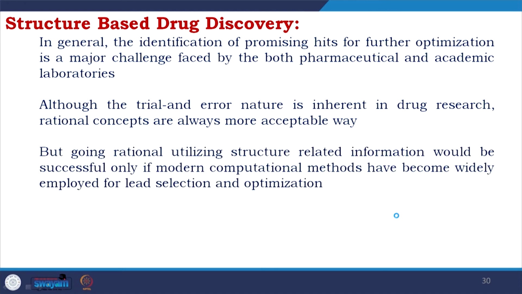But going rational, utilizing structure related information, would be successful only if modern computational methods have become widely employed for lead selection and optimization. So, you get a high resolution structure, but you have to use it to calculate by fitting with many, which needs the computation, the algorithms as well as the ability to compute.